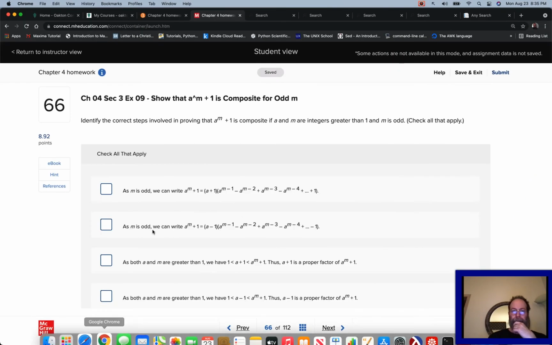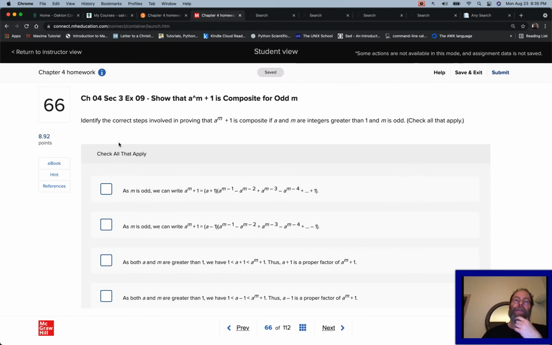Here we go. Okay, so number 66. Identify the correct steps involved in proving that a to the power m plus 1 is composite if a and m are integers greater than 1 and m is odd. Check all that apply. So basically, it's giving us two choices.